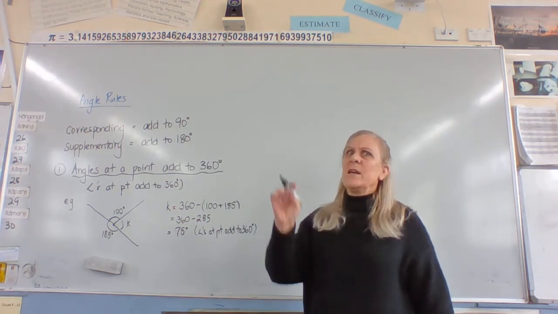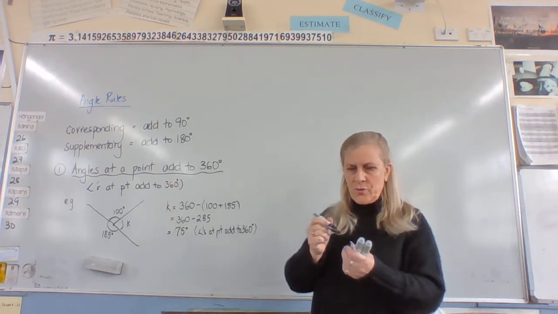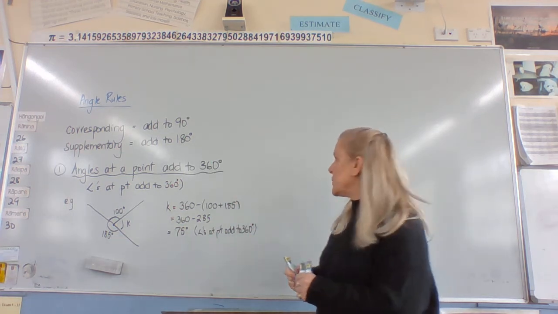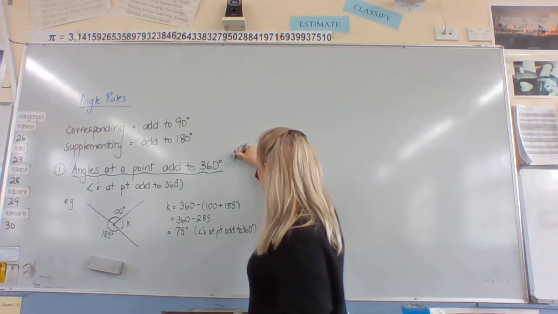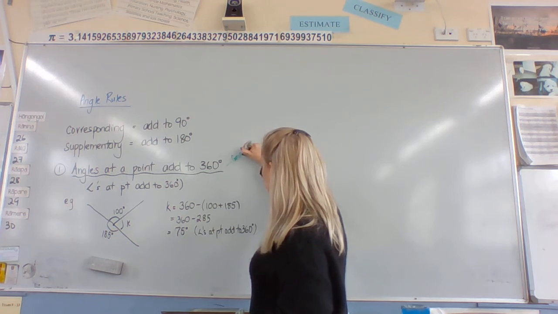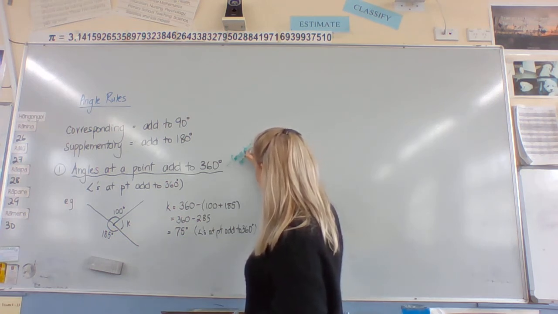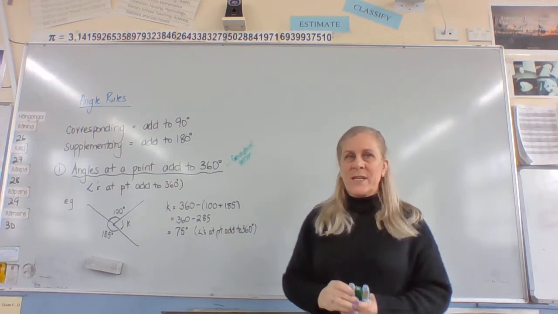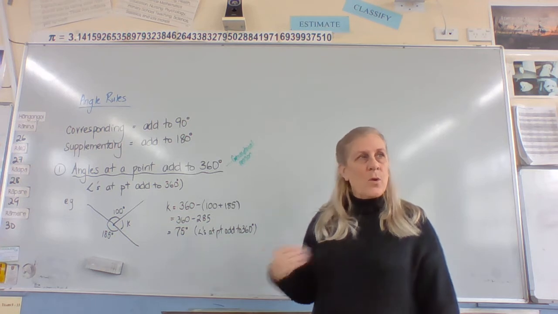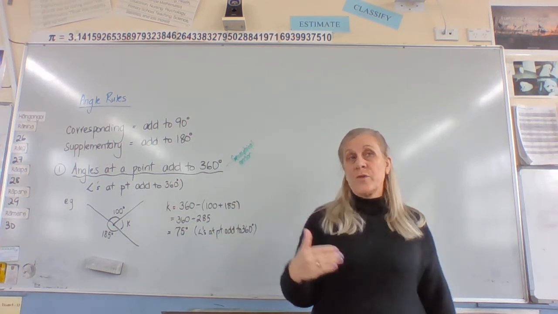Usually they will say, give geometrical reasons. This is the geometrical reason, all right? It's big flashy words, but this is called a geometrical reason. So I don't want to see, because they add up to 360. That's a reason. If they want that, then they want you to write the whole reason for it.